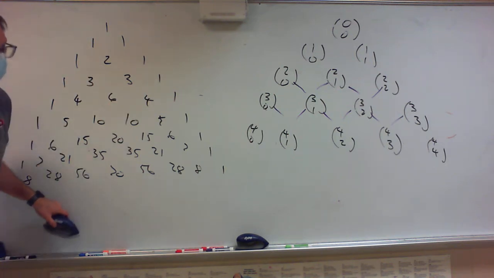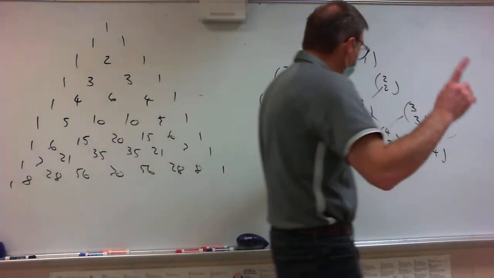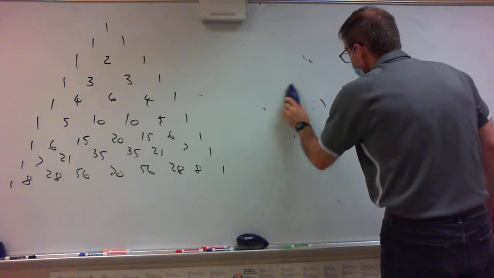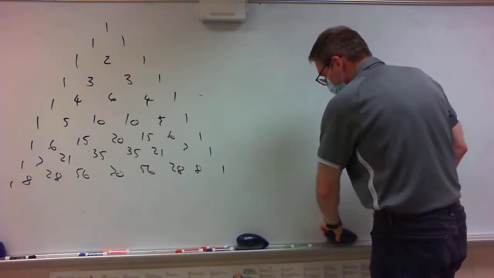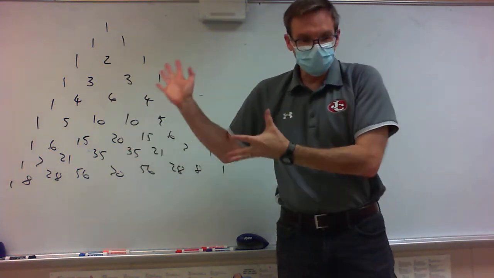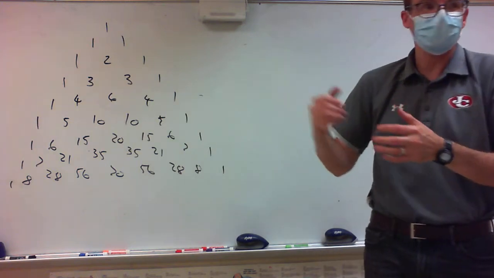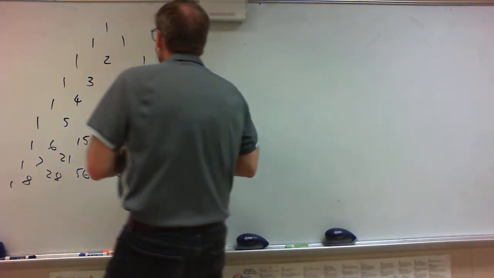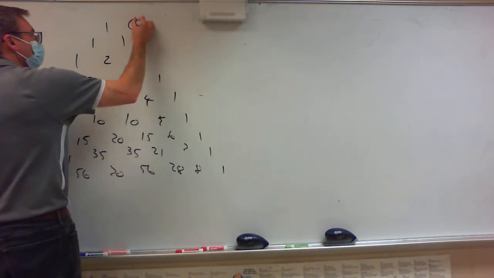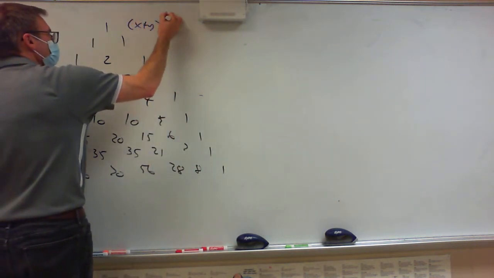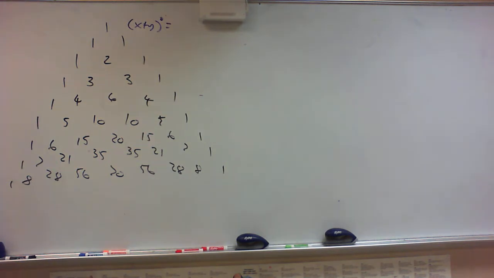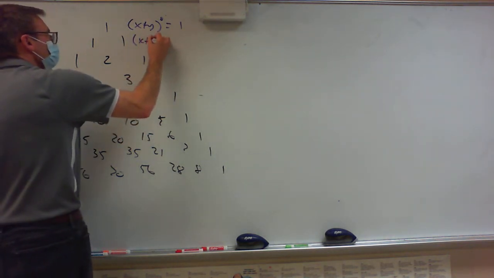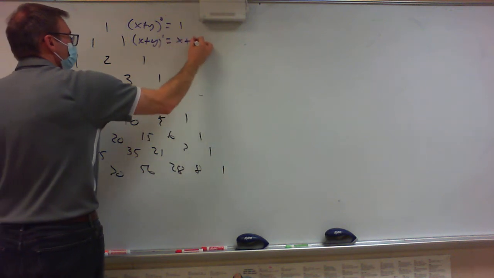What I need to talk about today is one pattern. Believe it or not, this one little triangle, this pattern, helps us expand binomials. So let's see. I'm interested in x plus y to the 0. What's anything to the 0 power? 1. Okay. And if I do x plus y to the first, we get x plus y, no big deal.